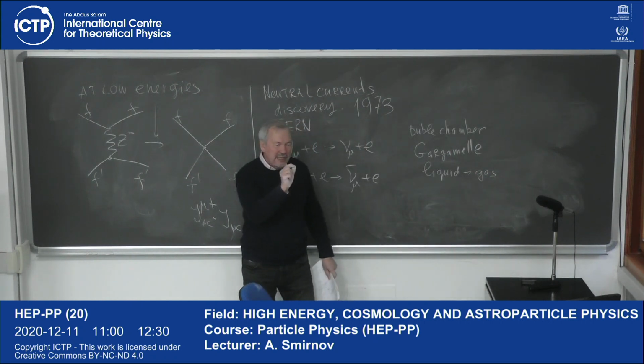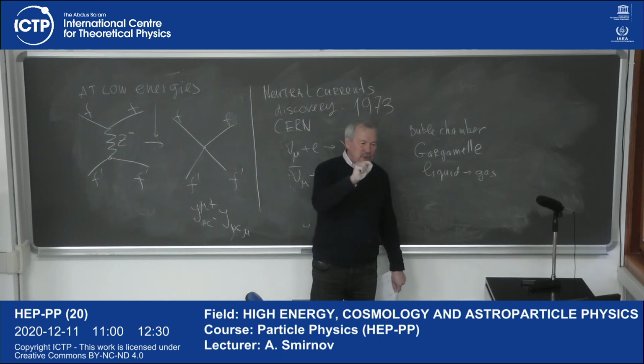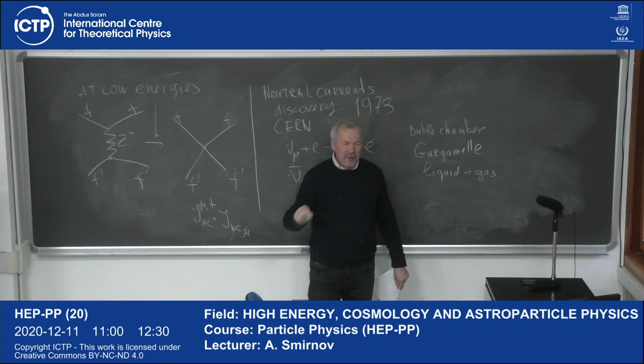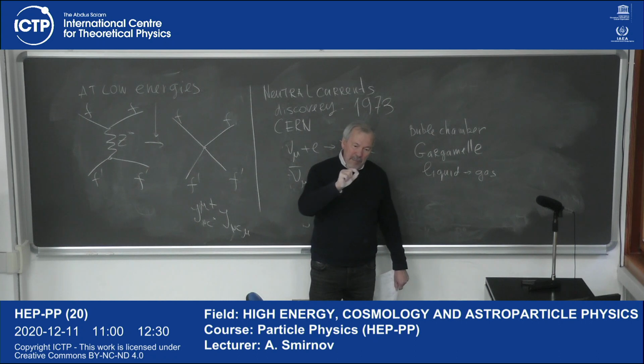The tracks were visualized by bubbles of gas, which are produced when a particle crosses the chamber, ionizes the medium, and then the phase transition of liquid to gas occurs. This is the inverse of what we had discussed before, which was gas to liquid. Now it is liquid to gas. The phase transition occurs as small bubbles along the track. Then you make the picture, and then you see the track.